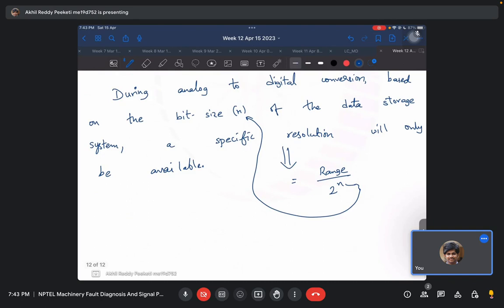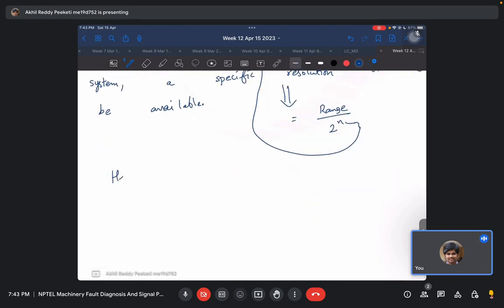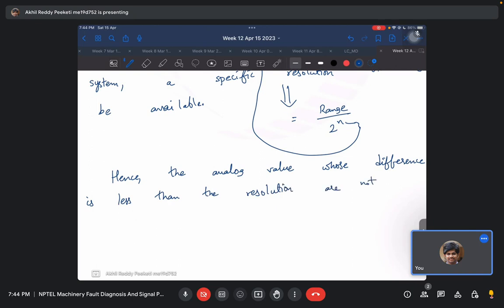Now the analog values whose difference is less than the resolution are not differentiable anymore.